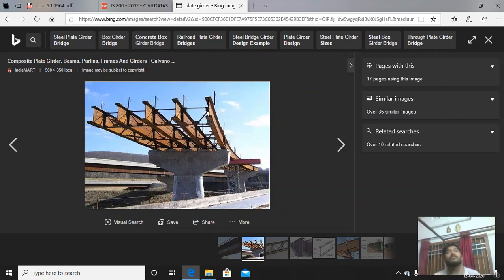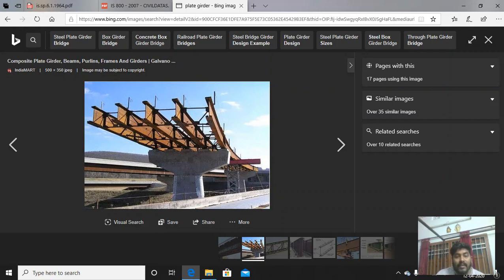The bridge decks carry a huge amount of load, rolling load as well as static load, dynamic load, and earthquake load. Every load is acting on the bridge, which takes a huge amount of load. These loads are supported by the bridge decks.